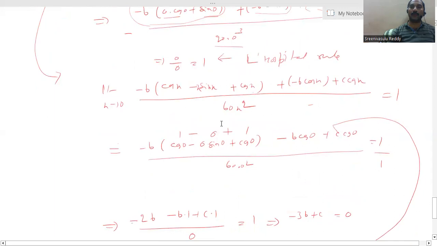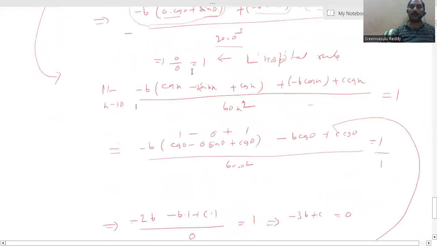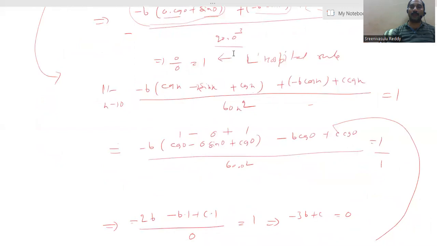So it is better to take one more derivative. I think no need to take a derivative.